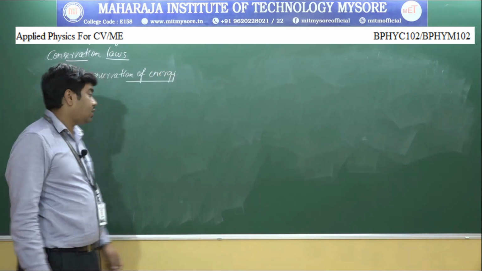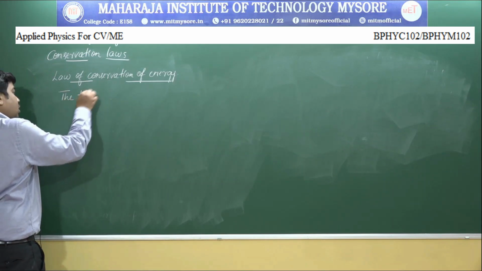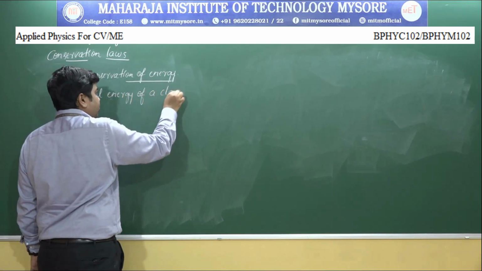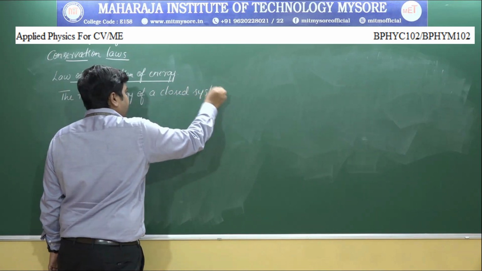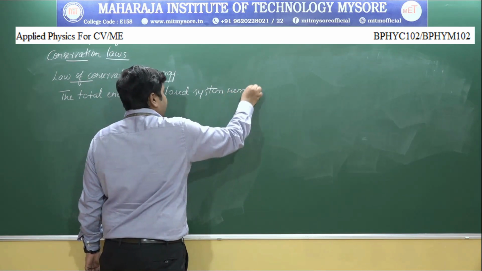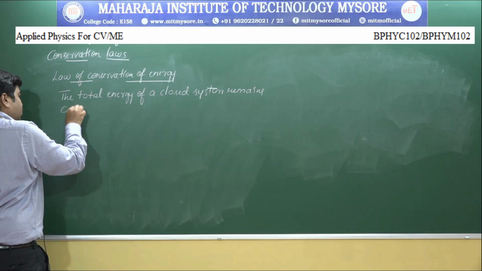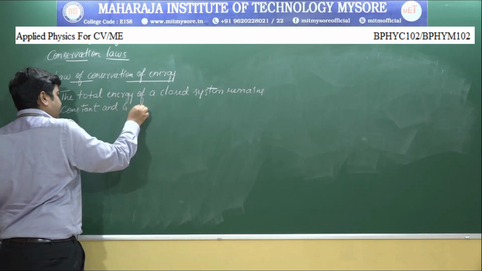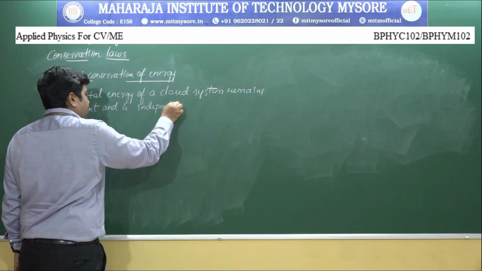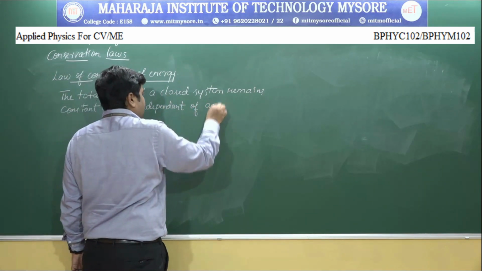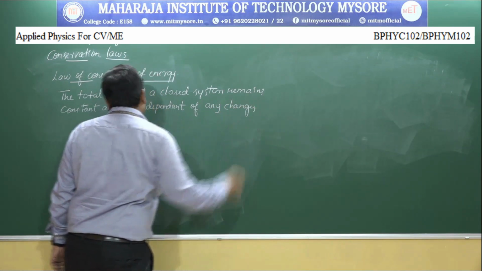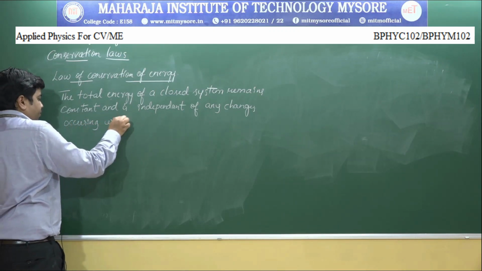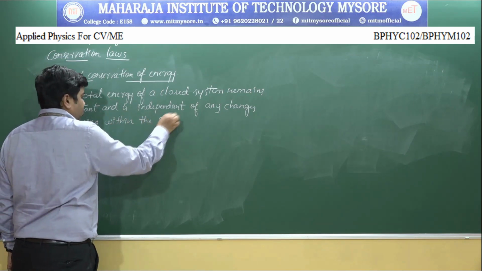The law of conservation of energy states that the total energy of a closed system remains constant and is independent of any changes occurring within the system.